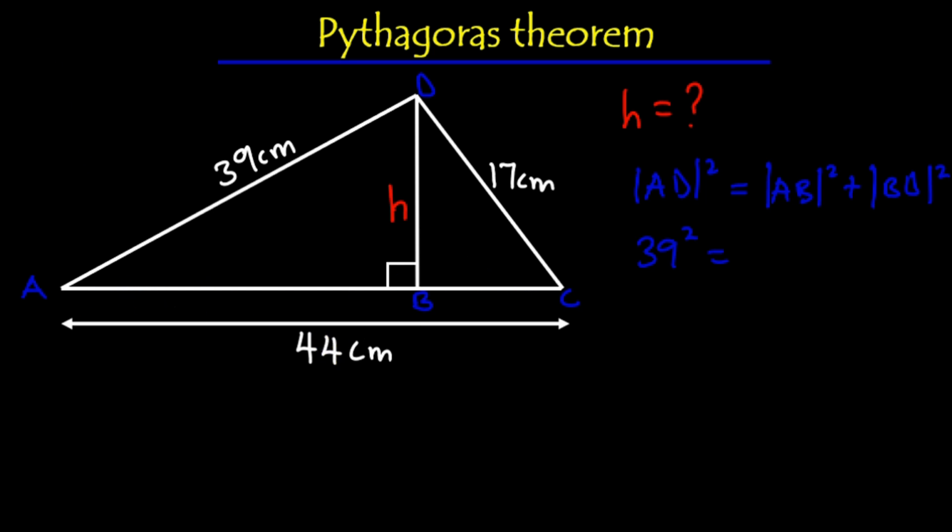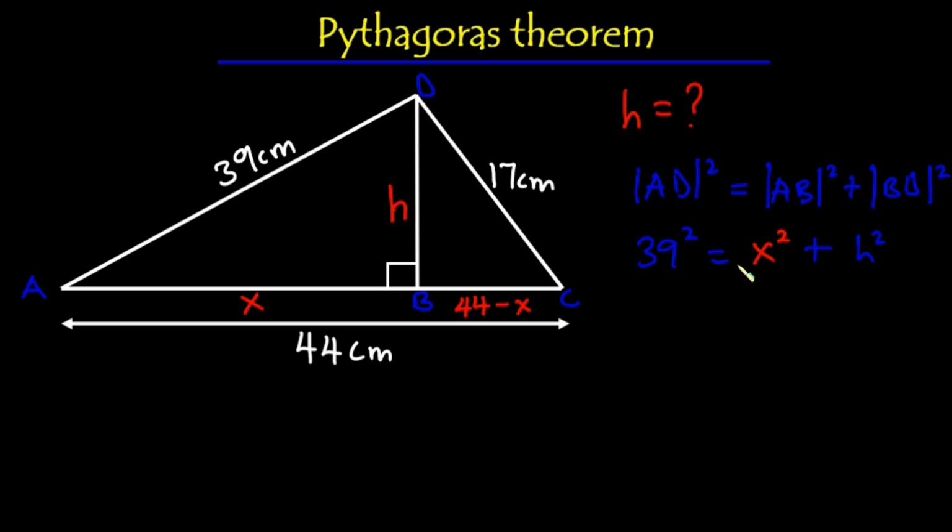So we can let a certain variable, in my case, x, equal to the distance from A to B, then the distance from B to C to be 44 minus x, right? So we have AB to be x squared, then plus BD is h, so it will be h squared.